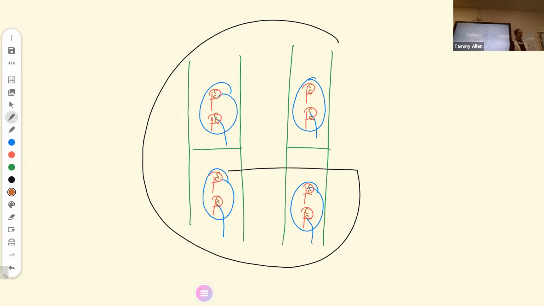So start out with a gallon, a great big G. Then there's 2 half gallons, right? And then each of those half gallons has 2 quarts.